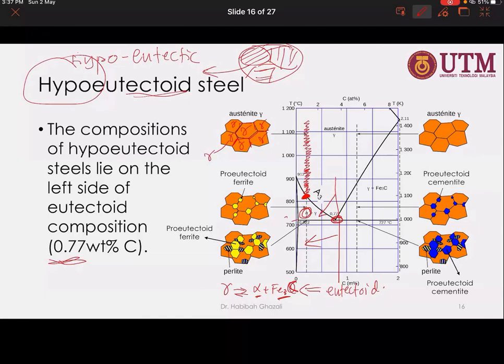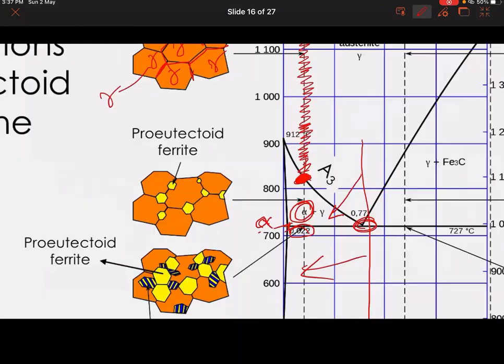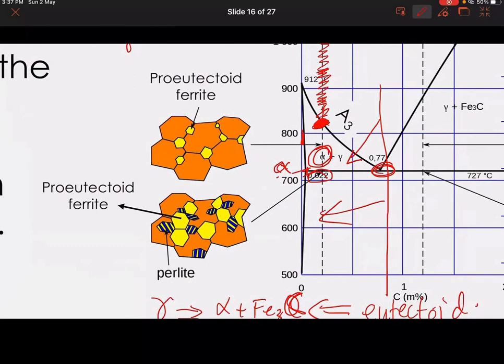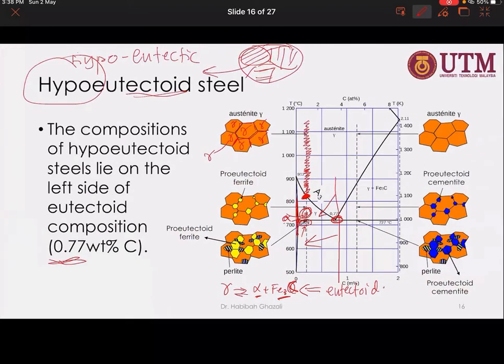This is alpha, the small region here, maximum 0.02. The maximum composition is only 0.022% carbon. So alpha comes from the left, so that's the reason you get a mixture of alpha and gamma. So a new phase is formed, which is alpha.